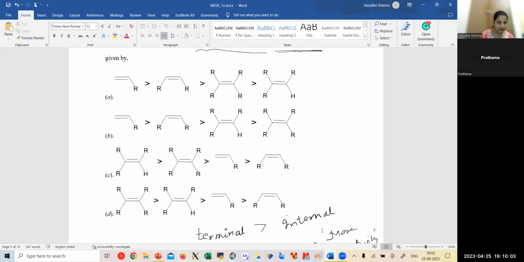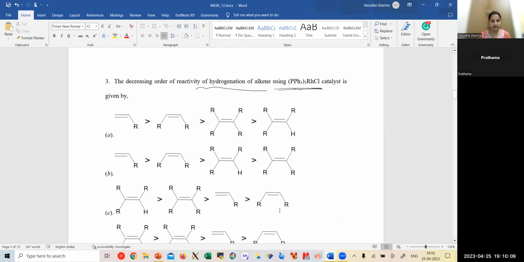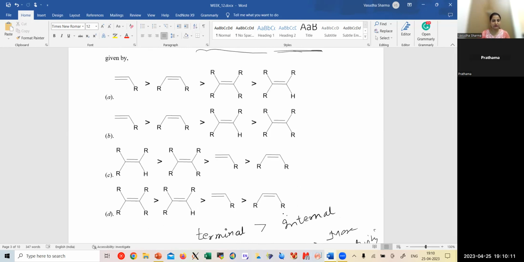Option B. Yeah, right. That was quite fast, and this is really good if you understand it properly. In option B, we have the only terminal alkene out of all the 4, so it has to be greater. C and D already cancel out because they start with the internal one.